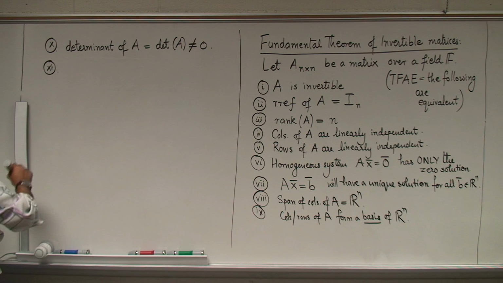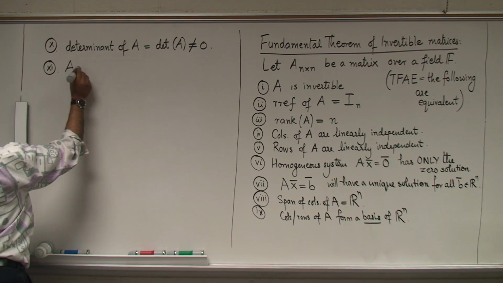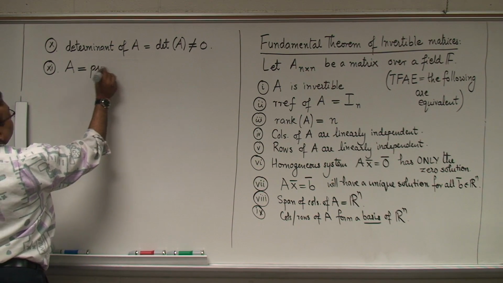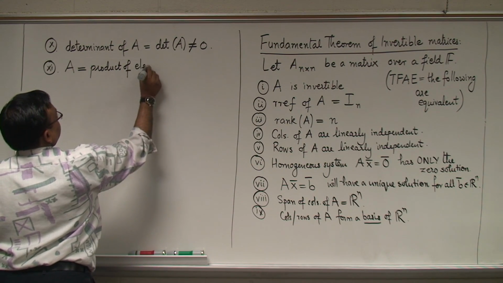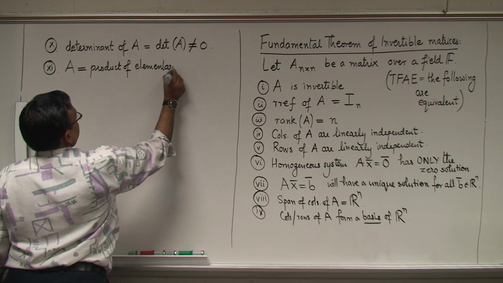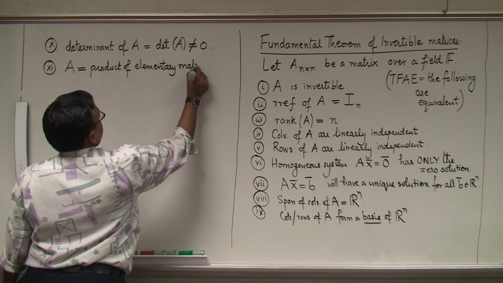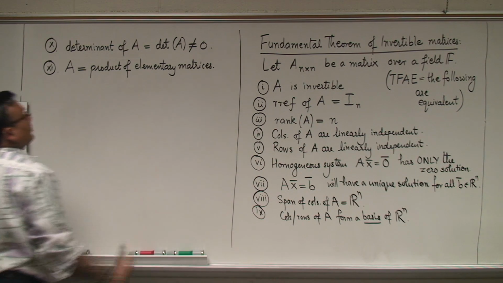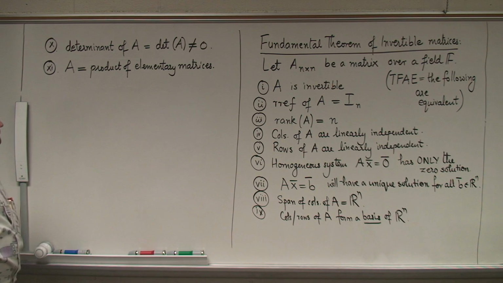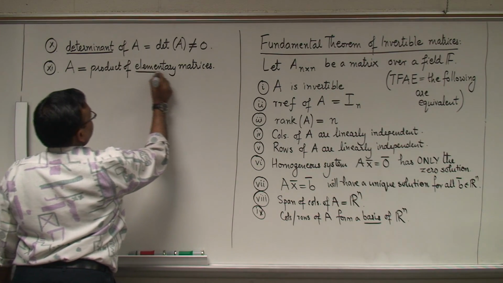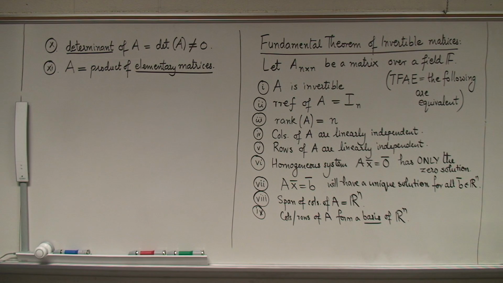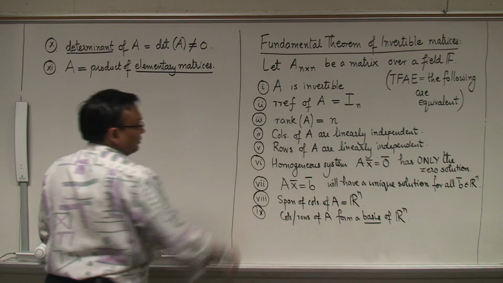Then there is one more thing, that A can be written as the product of elementary matrices. Okay. So there are three terms out here which we perhaps don't understand the meaning of. The basis, the determinant, and elementary matrices. As I said, we'll pick up one at a time. But let me first focus on some of the things which we are more familiar with.